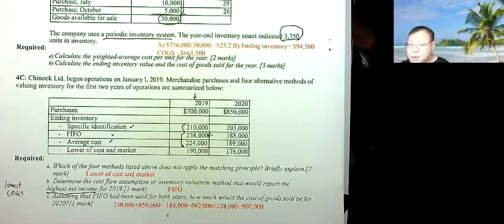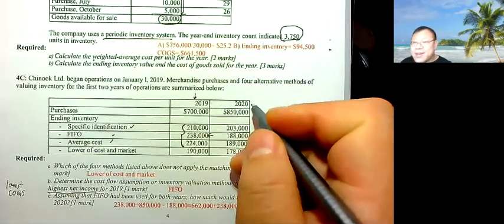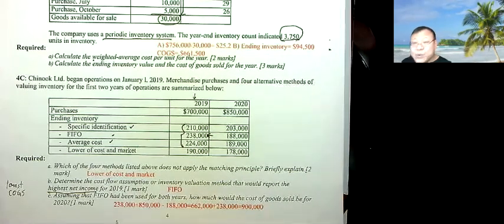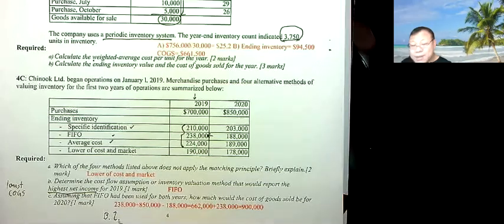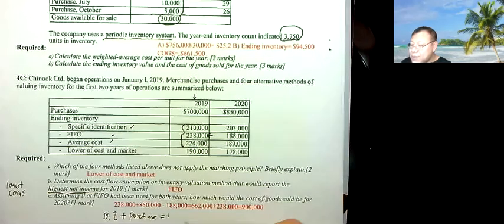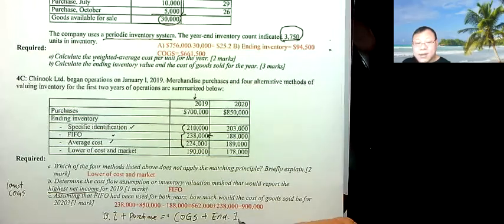Okay. And C, assuming that FIFO had been used for both years, how much would the cost of goods sold be for 2020? So for 2020, using the inventory equation, beginning inventory plus purchases equals cost of goods sold plus ending inventory, right?